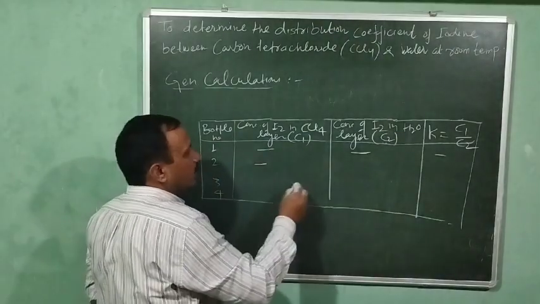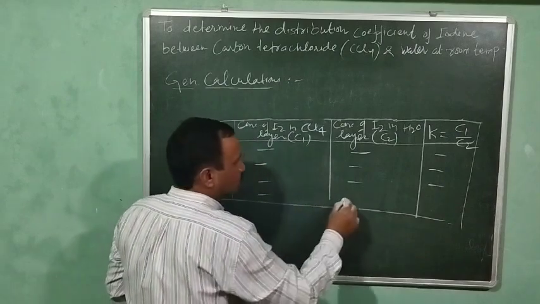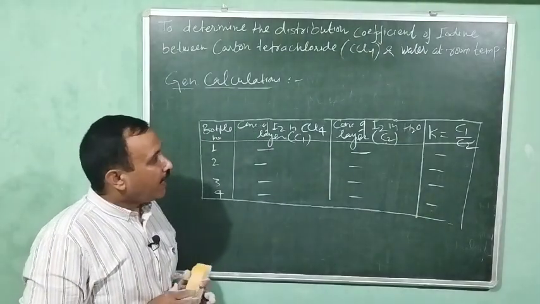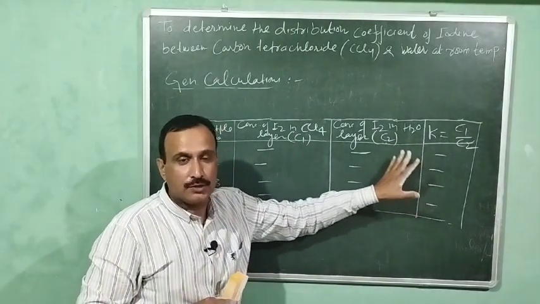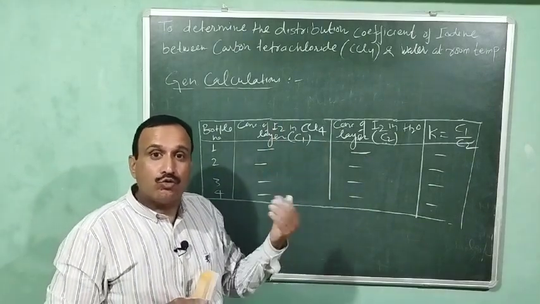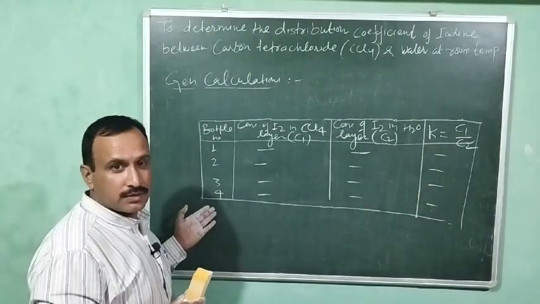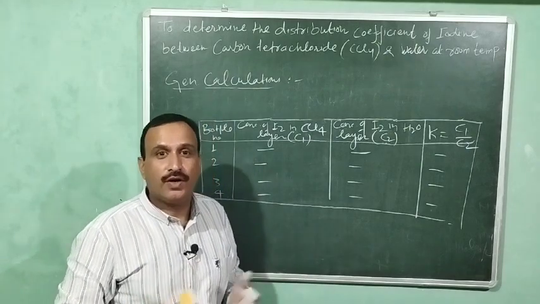Similarly we will calculate C1 and C2 in the remaining 3 bottles. And if the value of this partition coefficient comes out to be nearly the same in all the 4 bottles, then the Nernst distribution law is verified.